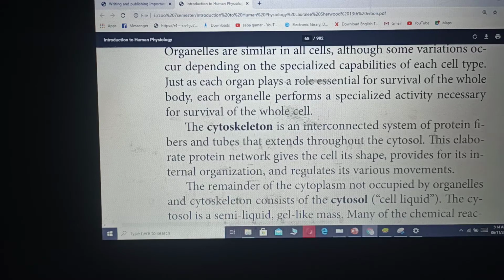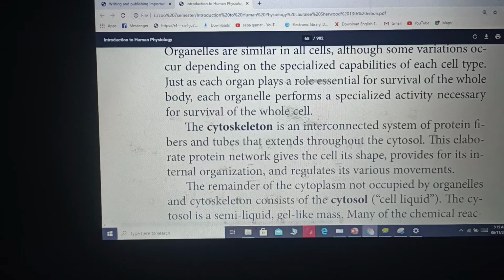So organelles are of two kinds. One is membranous organelles and the second is non-membranous organelles. Membranous organelles include mitochondria, Golgi complex, endoplasmic reticulum, lysosomes, and peroxisomes in the case of animal cells.